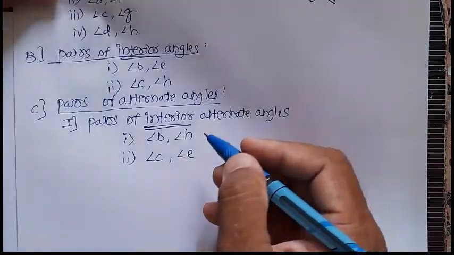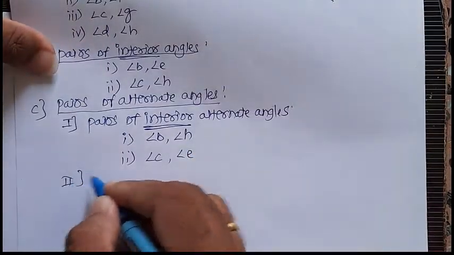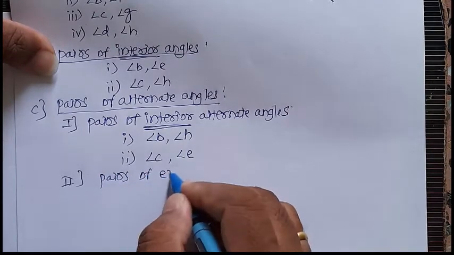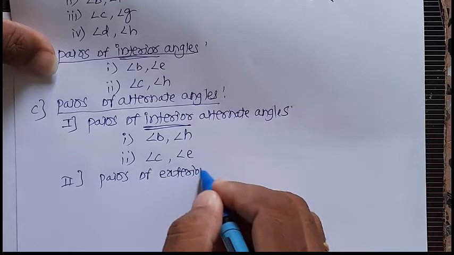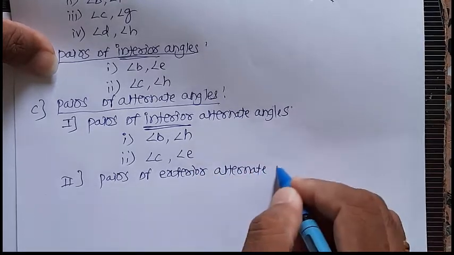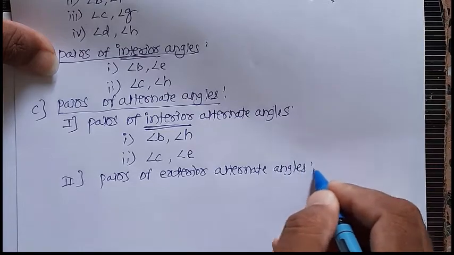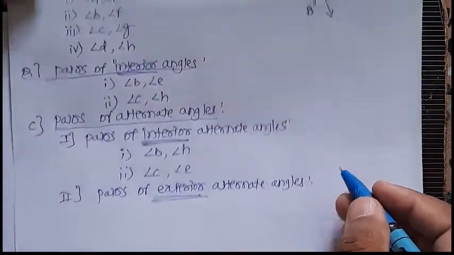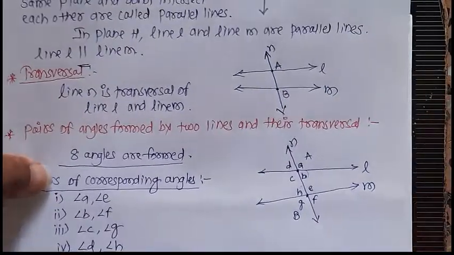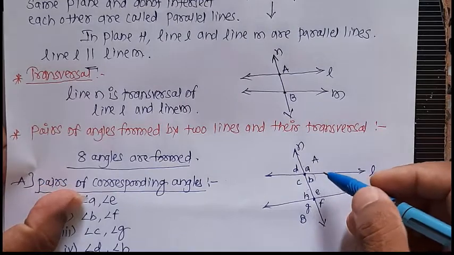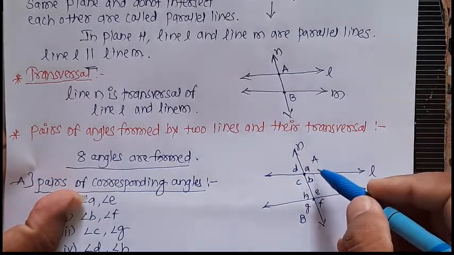Then the second part we have to see: pairs of exterior alternate angles. This word exterior is important. Again, see in the figure there are four angles which are exterior of line L and line M. What are they?